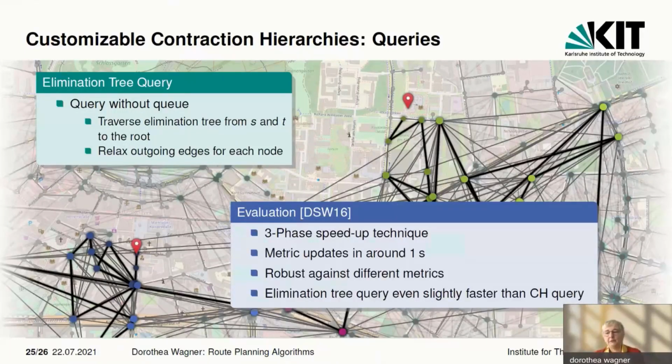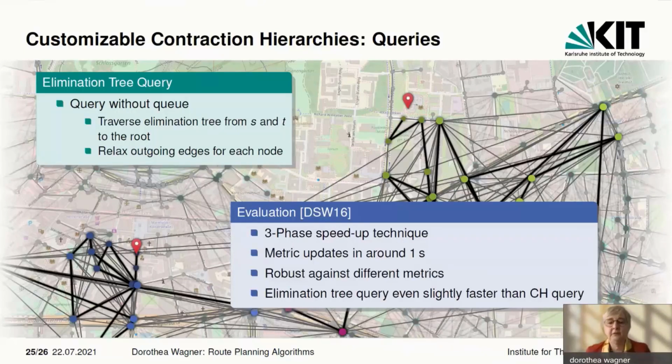So the result we have is this 3-phase speedup technique that can be used in real traffic scenarios where the travel times change over the day. A metric update costs around 1 second. So this is this customization phase. It costs around 1 second.